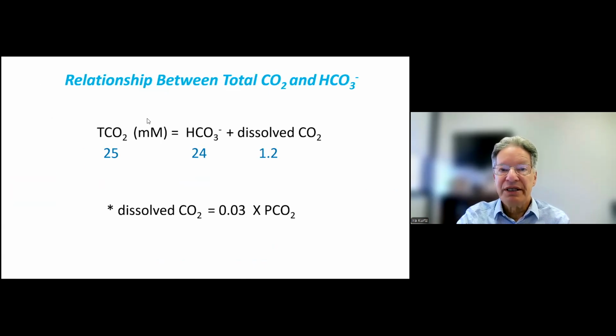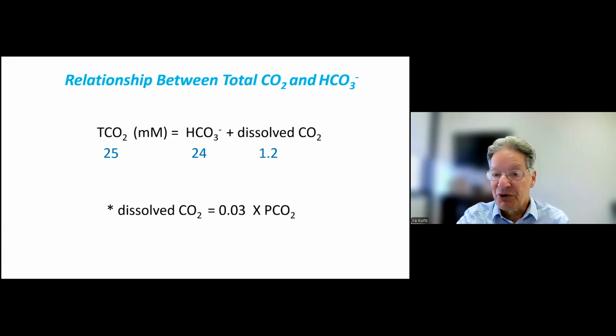So as far as the relationships here, the total CO2, if we ignore carbonate and carbonic acid because they're in the micromolar range, is equal to the bicarbonate plus the dissolved carbon dioxide concentration. And we can calculate this by taking the PCO2, let's say it's 40, and multiplying it by 0.03, which is the solubility coefficient of carbon dioxide, to get 1.2.